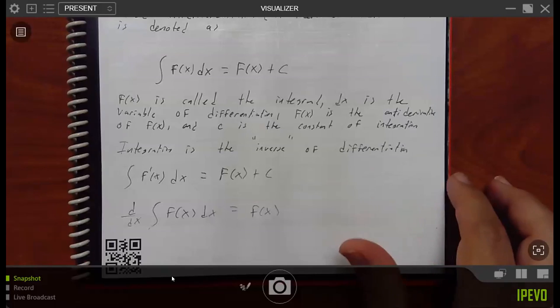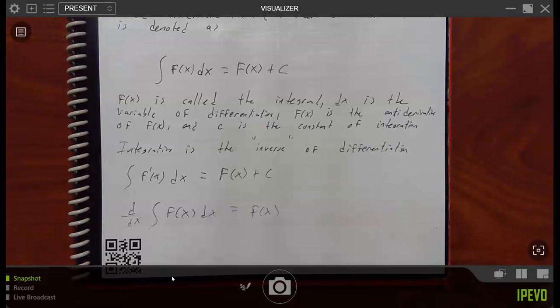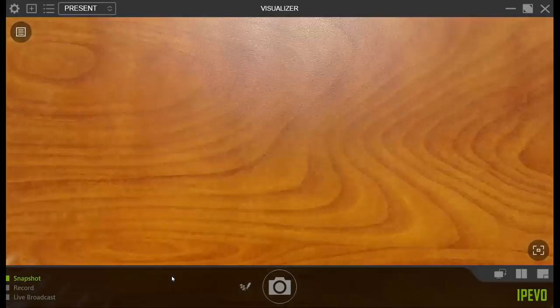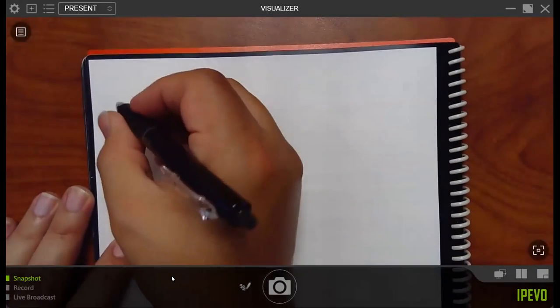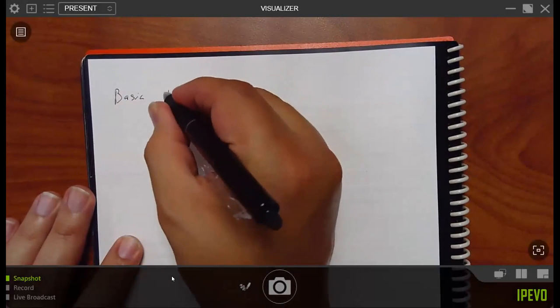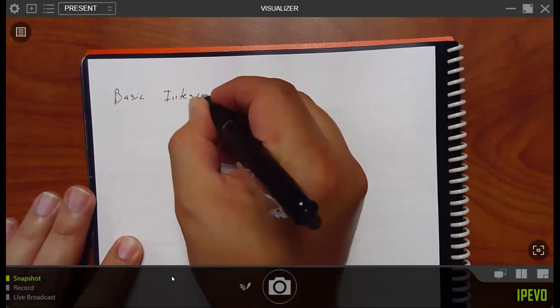You guys cool on this page? Yeah, let me write the integration rules then. Just let me know. This is what we're mainly going to need here.